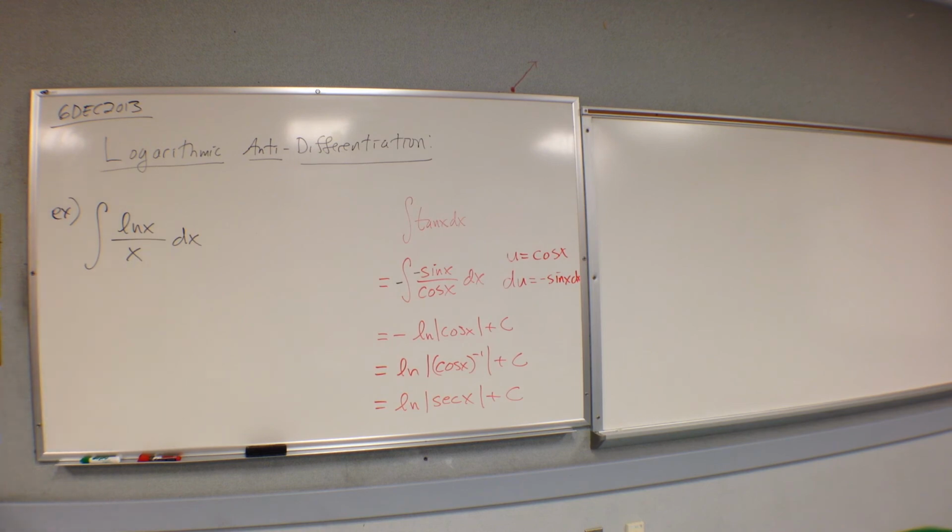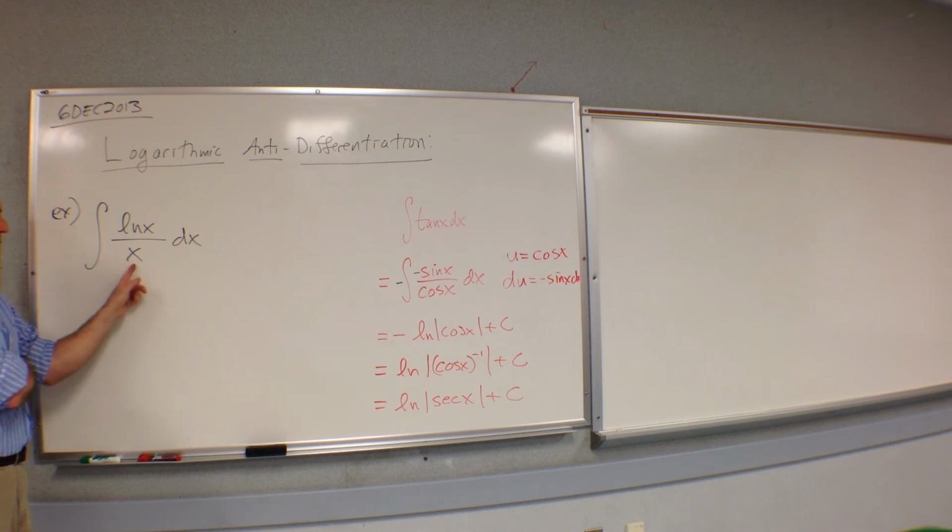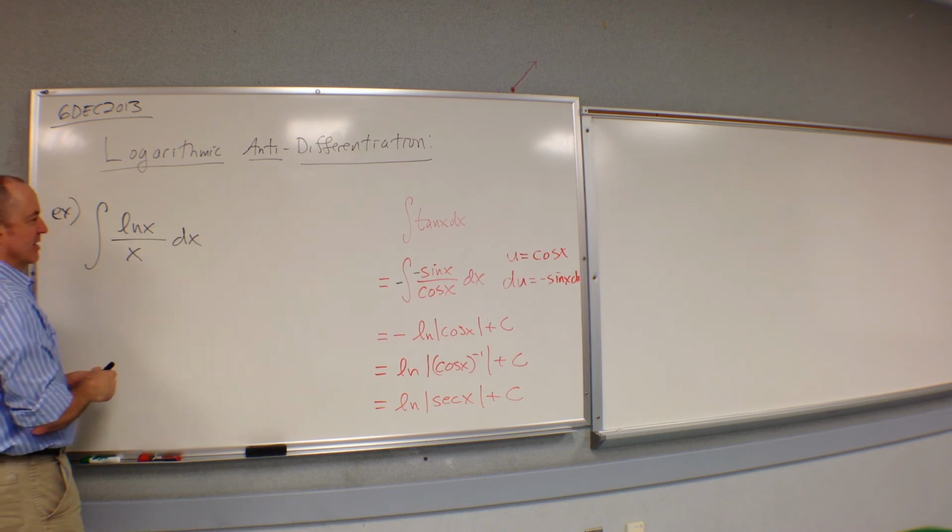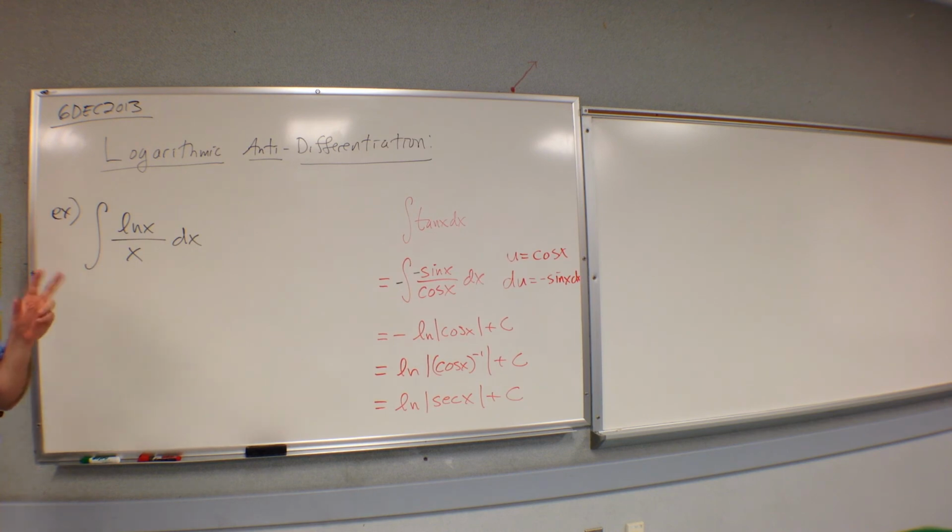What's up with this one? It looks like you're setting it as du over u. But can I derive x and ever get natural log of x? No. So I can't have du over u here. Really, we've got two choices for u and du, right?